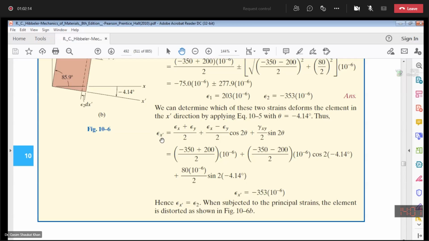Because you are putting the principal plane orientation, you will get the strains as principal strains. So first please put the value theta minus 4.1, not minus 4, 4.1 degrees, and let me know the answer.